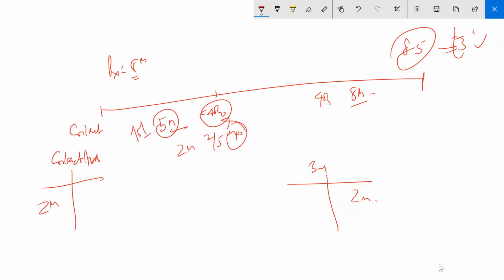So in effect, what we're looking at here is 40% of 8 minus 5.